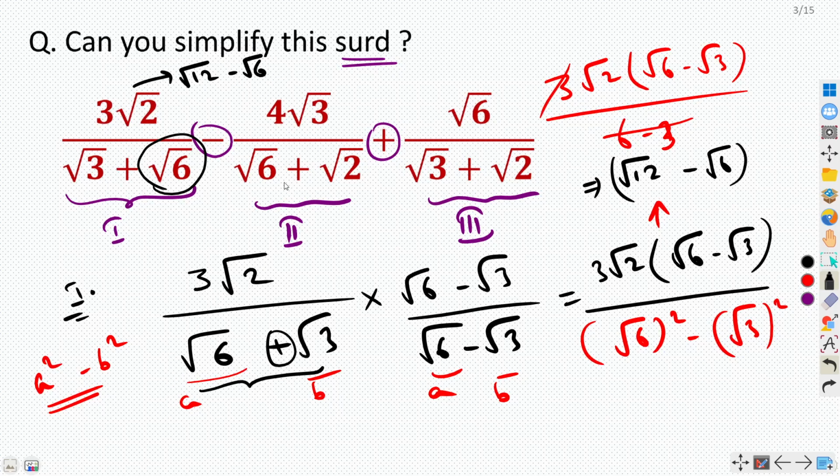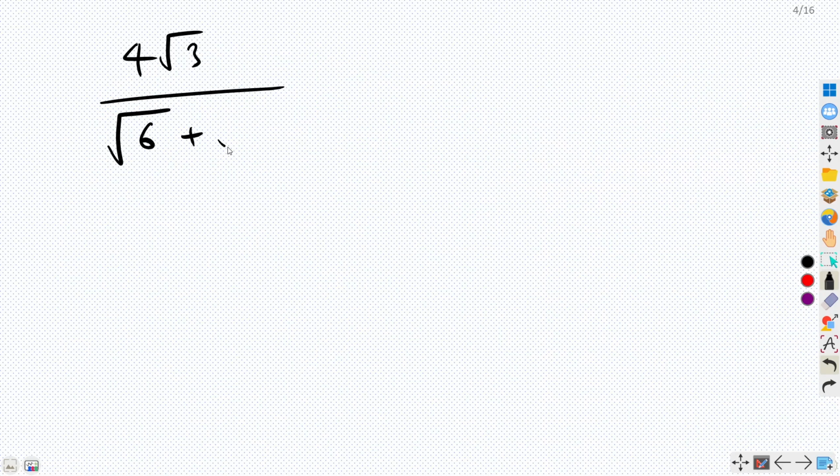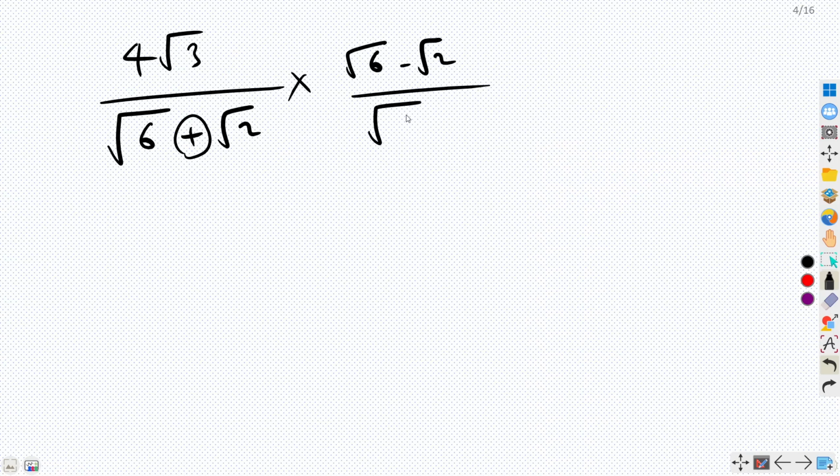Now let us focus on the second part. So 4 root 3 divided by root 6 plus root 2. Now the same thing again, we will multiply by the conjugate of this one, so root 6 minus root 2 divided by root 6 minus root 2.